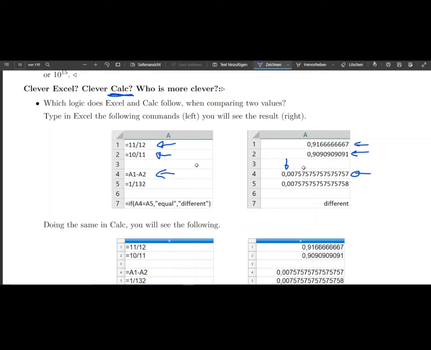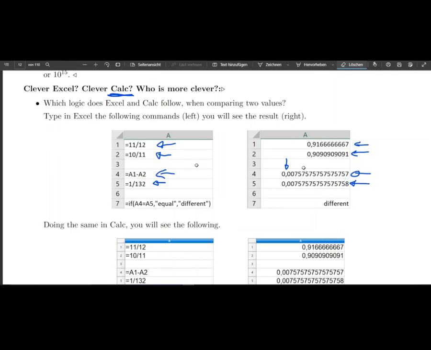Okay, if we subtract 11 divided by 12 minus 10 divided by 11, the exact answer is 1 divided by 132. But if we have 1 divided by 132 in cell A5, then you see we have a 7 or we have an 8 respectively.